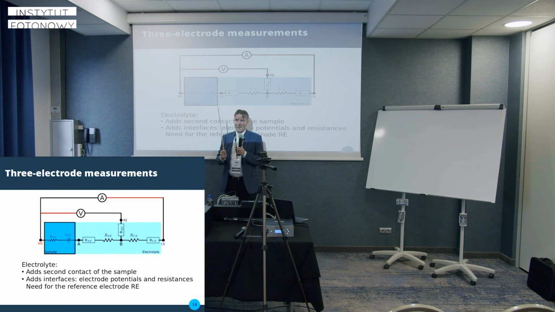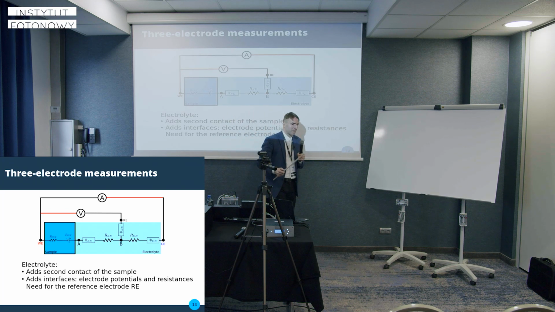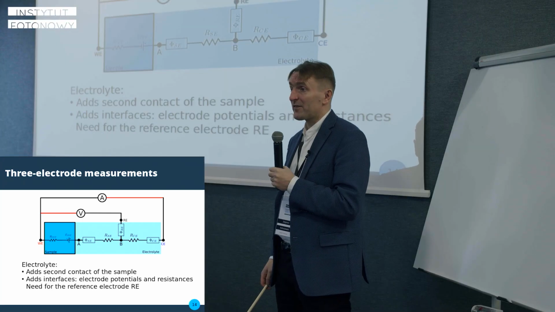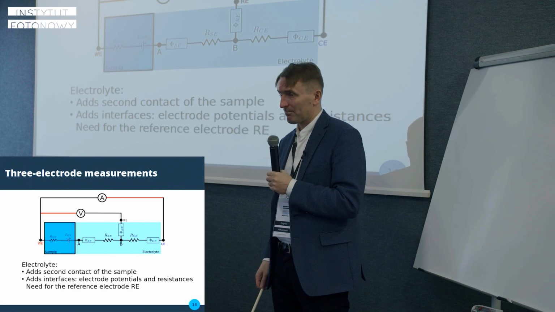So you have one contact of the sample, and you don't want to sputter metal on the other side to change the properties of your sample. But some people consider it a lesser disturbance when you add electrolyte.